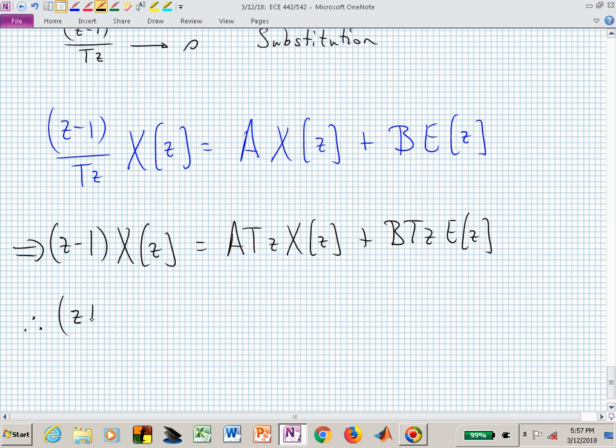I now have (I minus AT)Z times X of z. I've moved that ATZ on the right side of the equal sign to the left, and I'm going to push this capital X of z, the minus capital X of z on the left, I'm going to move it to the right and just drop down.